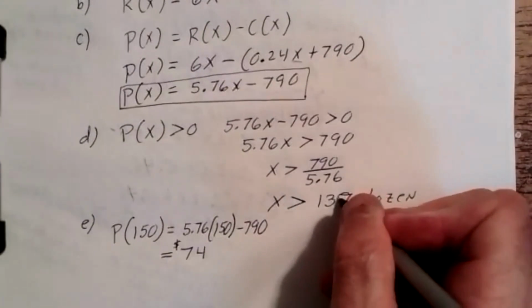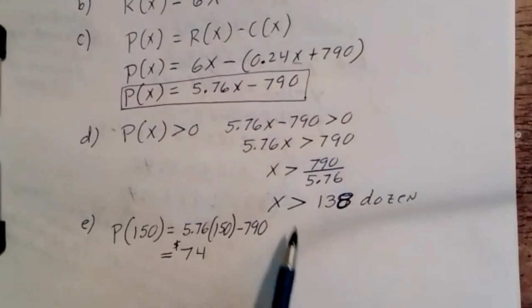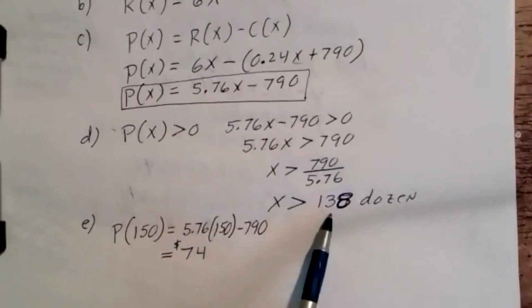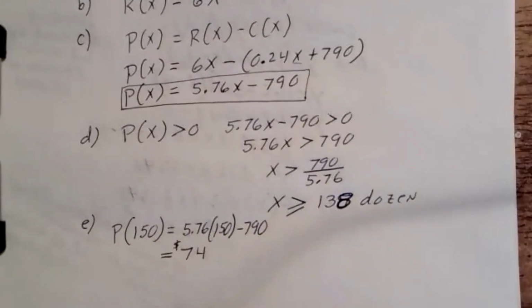Actually, it should be more than 138 dozen, ladies and gentlemen. You better sell 138 dozen or more cookies in order to start making a profit. Okay.